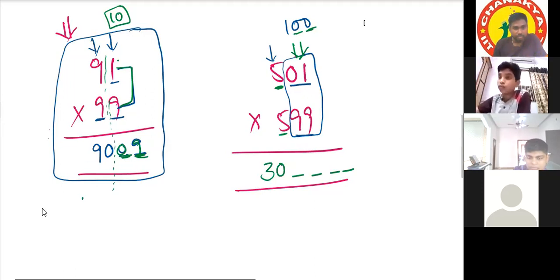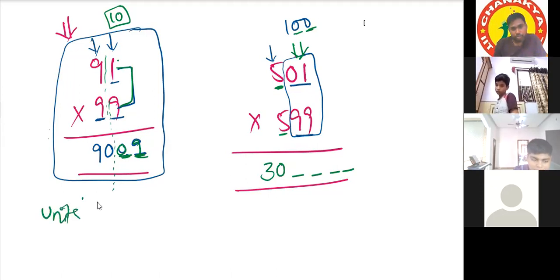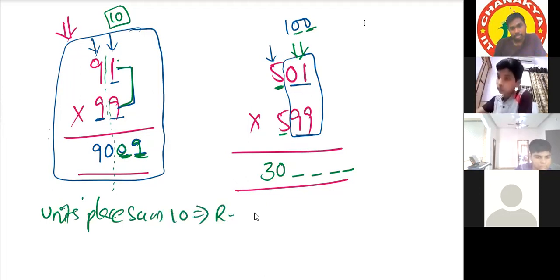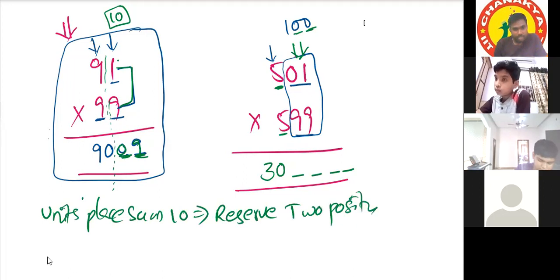So simply remember this: if the units place is adding to 10, then reserve 2 positions.